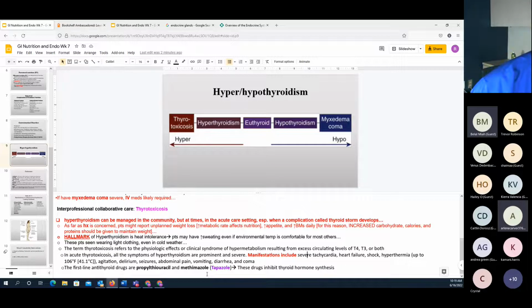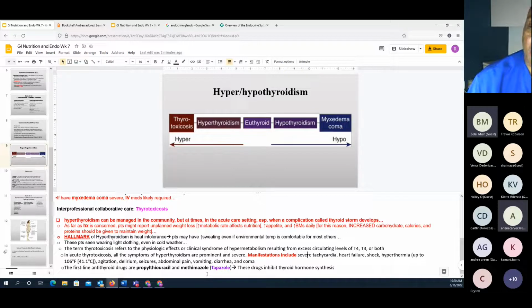So if there's heat intolerance for hyperthyroidism, then there's going to be cold intolerance for hypothyroidism, meaning a patient can be in a house temperature of 80 degrees, and they'll be under a comforter or something. They just have a lot of layered clothing because they're cold.